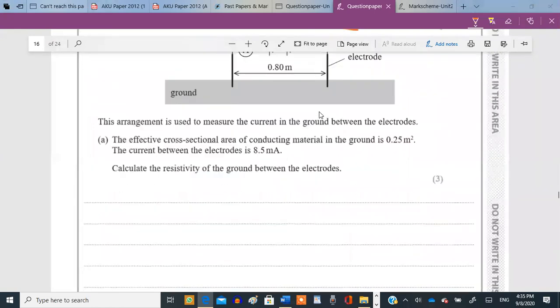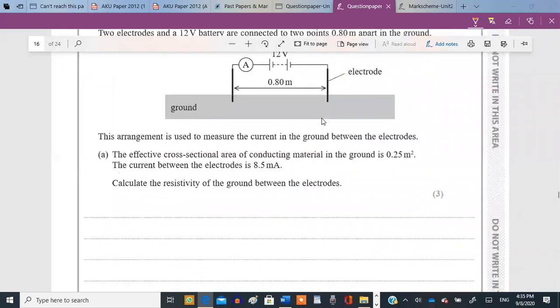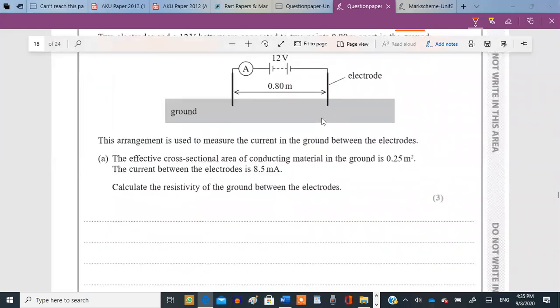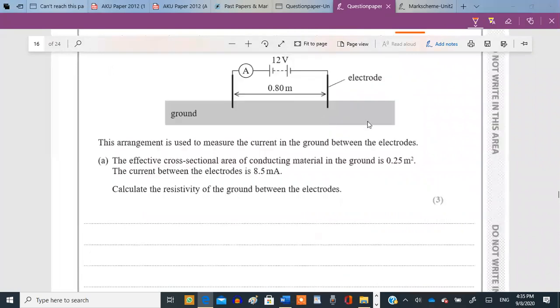The arrangement is used to measure the current in the ground between the electrodes. The effective cross-sectional area of the ground is given to you, and the current turns out to be this much. Calculate the resistivity between the electrodes. Any formula which relates all of these quantities?